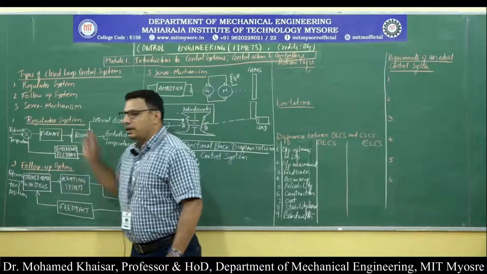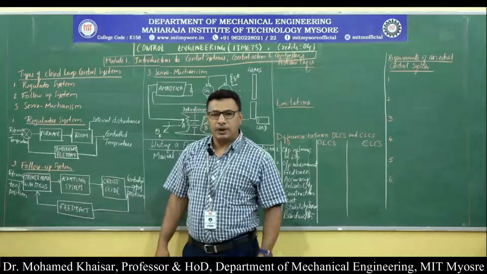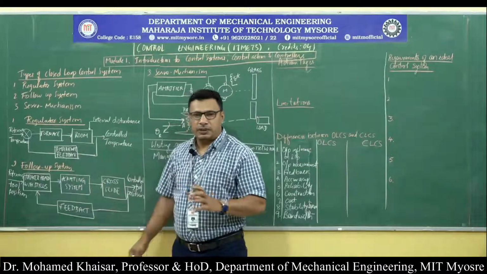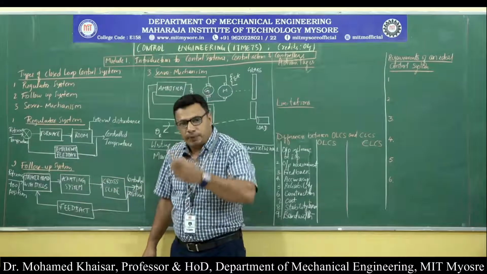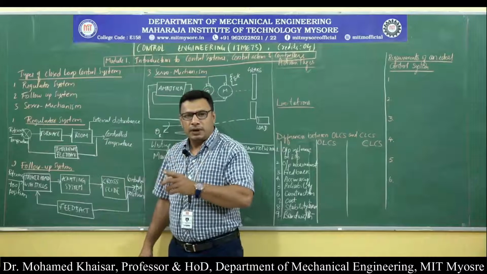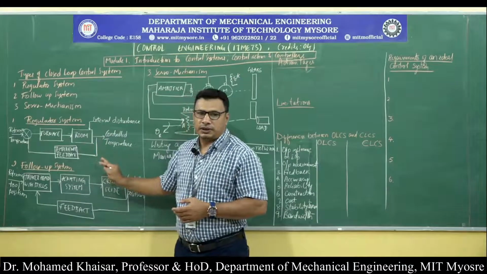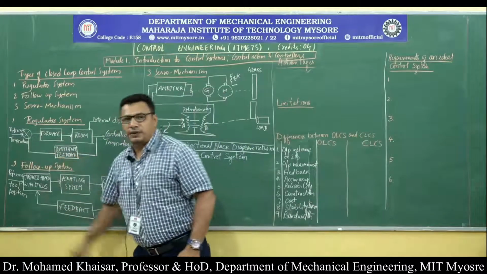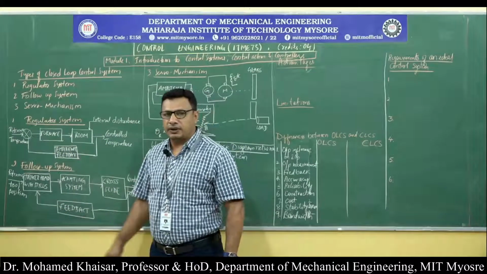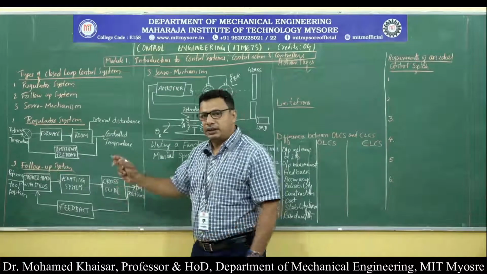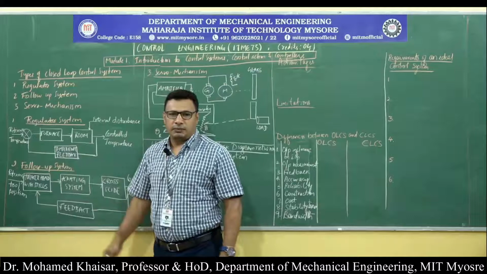That is why it is called a regulatory system, because we are regulating the temperature. As per this example, we are regulating the temperature within the room as we want it, as the controlled output. The input is not going to vary with respect to time. So this is one good example of a regulatory system. We are regulating the temperature inside the room.